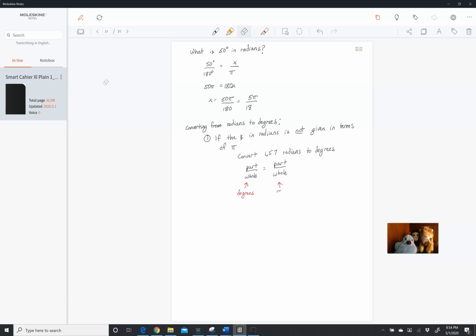Here's your radians. So what does that give us? Same thing that we had before. It's our angle in degrees over the 180 is equal to our angle in radians over pi. That hasn't changed. So we cross multiply, we still get pi theta is equal to 180x. The difference is that we're not trying to find x anymore. We're trying to find theta.